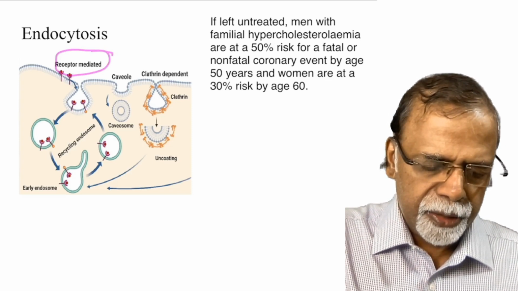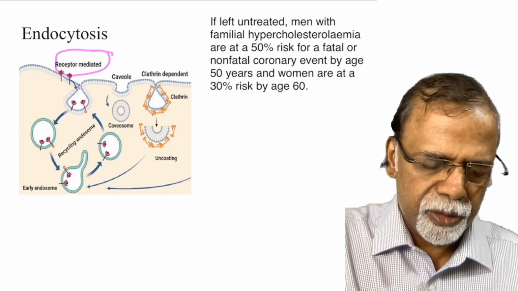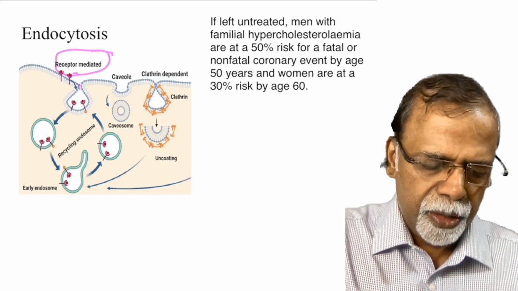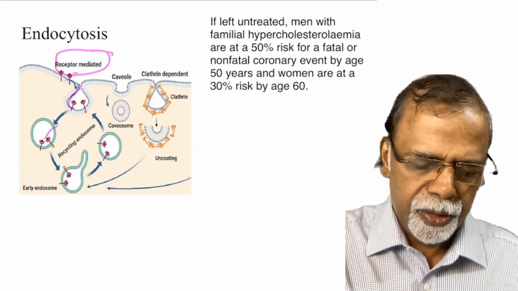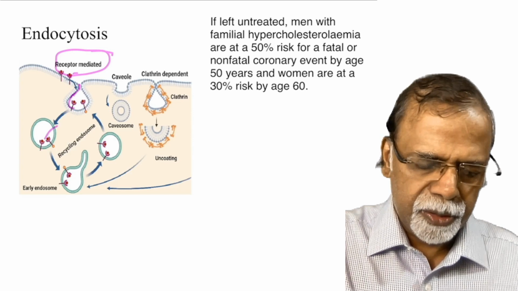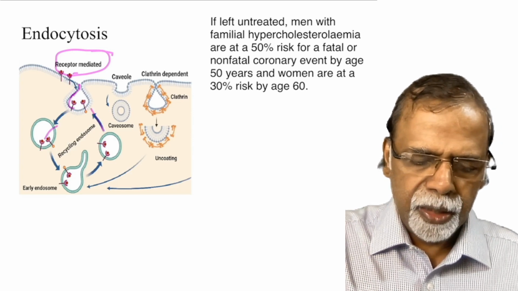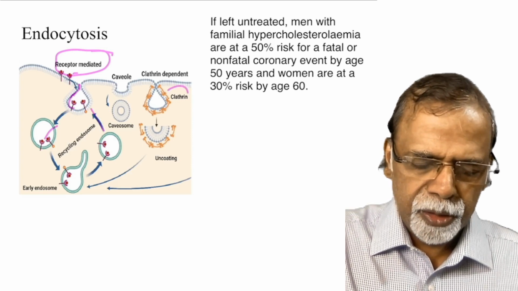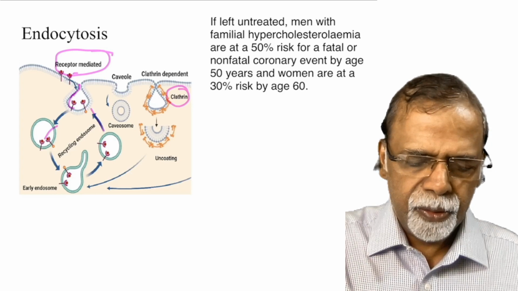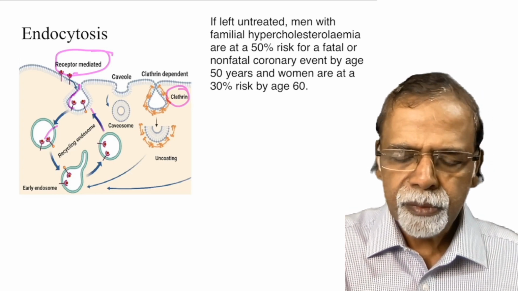Once the LDL attaches with the receptor, it gets internalized, and then the receptors are sent back to the cell surface. There are certain proteins called clathrins, and this receptor-mediated endocytosis is helped by clathrin protein.